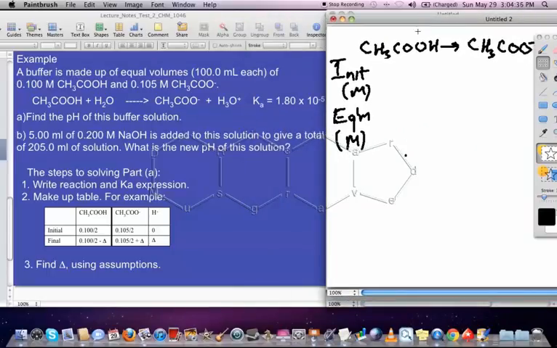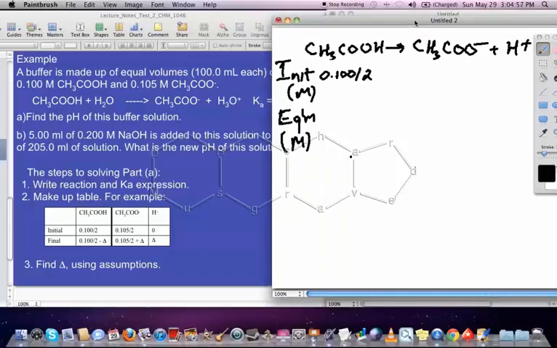So the initial concentrations here will be 0.100 divided by 2 and 0.105 divided by 2.